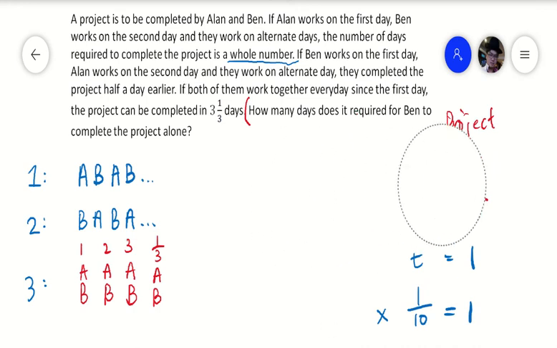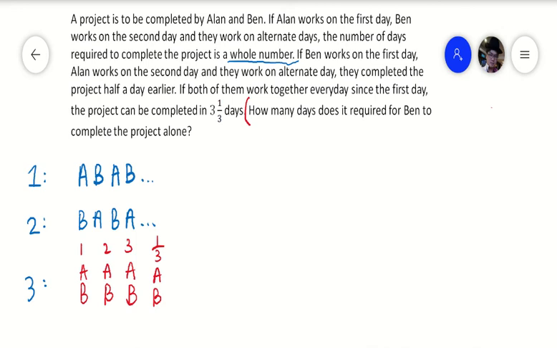Now back to our question. When we analyze the problem, we can see that the work done for the first 2 days, day one and day two, for situation one and situation two are actually equivalent.